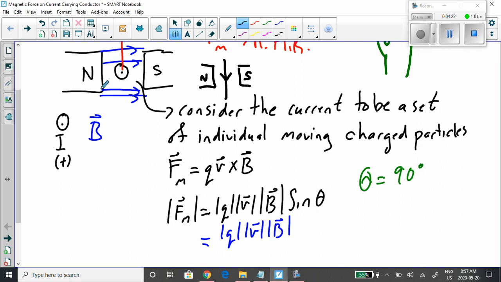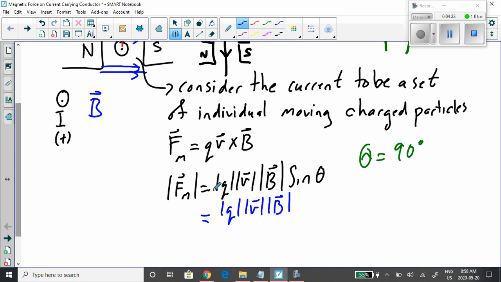Magnetic field is left to right. The current is coming out of the page, so that's 90 degrees. So I can get the magnitude of this magnetic force. It would be the magnitude of the charge, times the magnitude of the velocity that the charged particles are moving in, times the magnitude of the magnetic field, times sine of the angle between them, but it's 90 degrees, and last time I checked, the sine of 90 was 1. So magnetic force becomes qvB, all magnitudes.